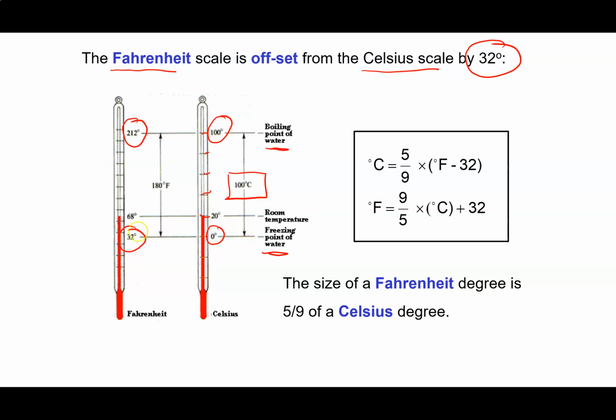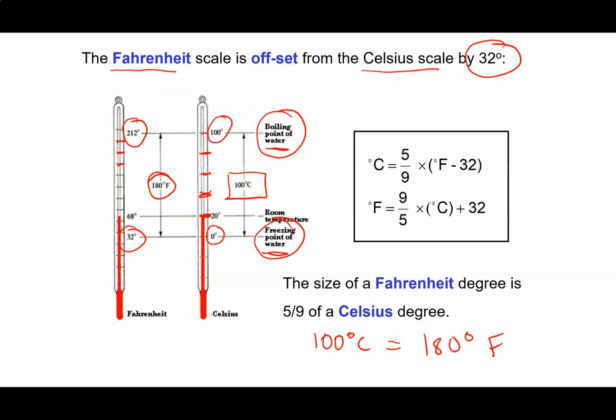And that means, if you do the math, 212 minus 32, that there are 180 Fahrenheit units between the freezing point and the boiling point of water. So in the space of 100 Celsius units, we get 180 Fahrenheit units. That is, a Celsius unit is bigger than a Fahrenheit unit.